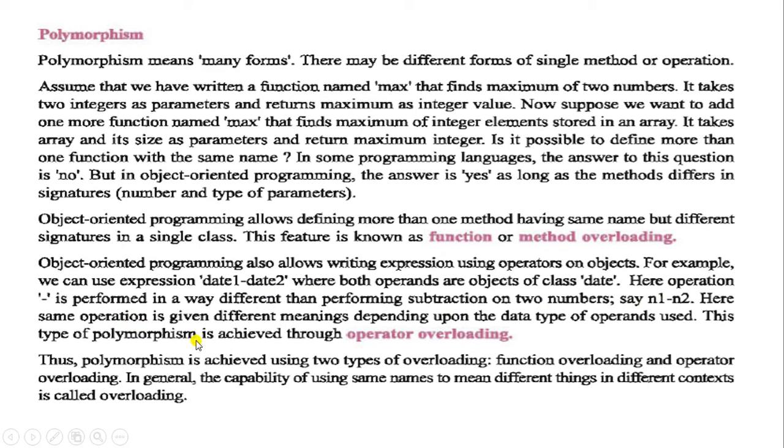Here the same operation is given a different meaning depending upon the data type of the operands used. This type of polymorphism we call operator overloading. So these are the main types of overloading: function overloading and operator overloading.